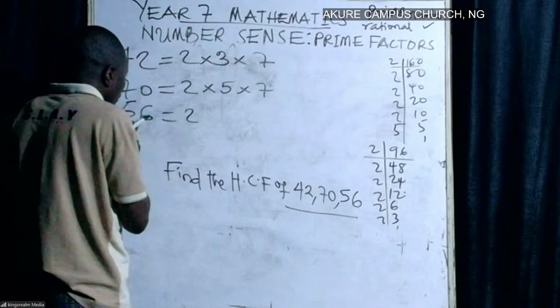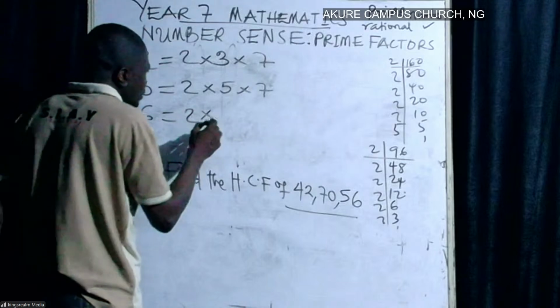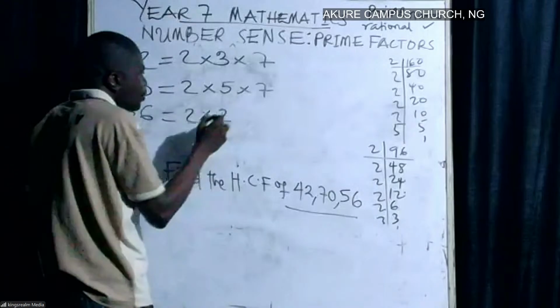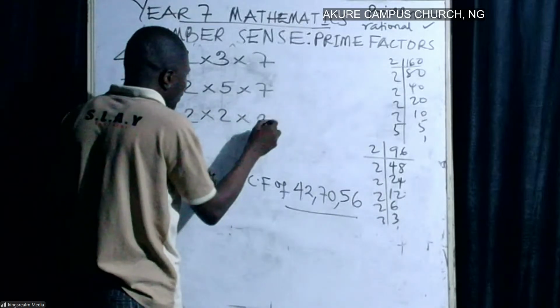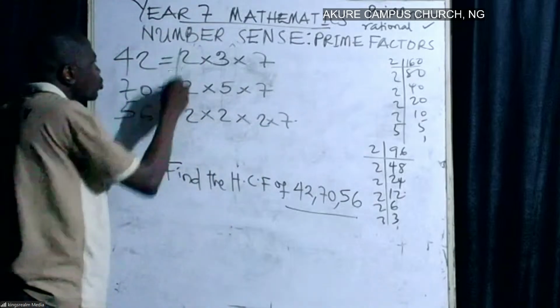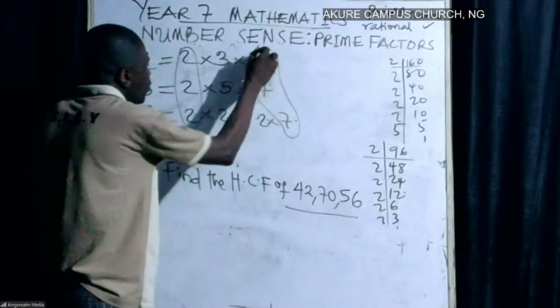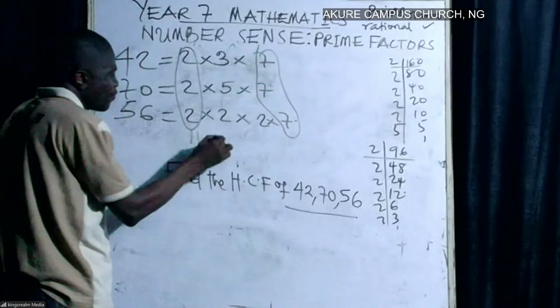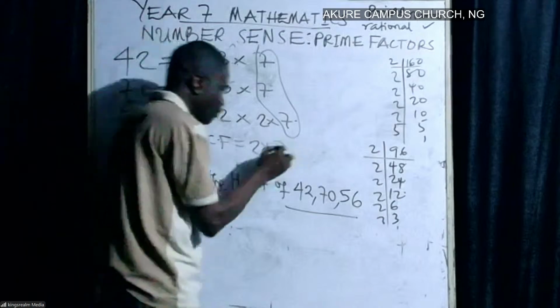That will give you 28. 2 in 28, that will give you 14. 2 in 14, that will give you 7. So 2 is common. 7 is also common. So the HCF here is 2 times 7.